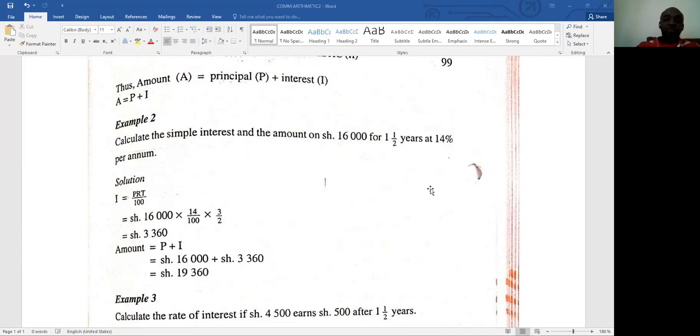You deposit that principal for a specific period of time, so we have the issue of time there. You can deposit for 1 month, 2 months, 1 year, or 10 years before you withdraw it.